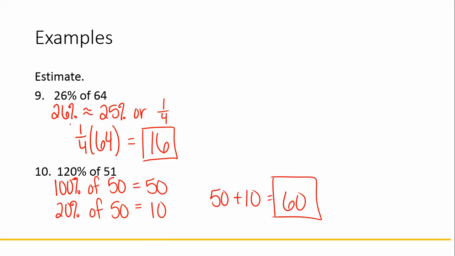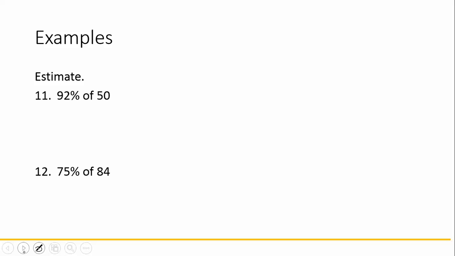So when the percentage is very close to one we know as a fraction, we're going to multiply the fraction times the number. When the percent is very large, we can split it up into two separate problems and solve it that way. Number 11 and 12, if you want to pause the video and try these two on your own. 92% is about 90%.